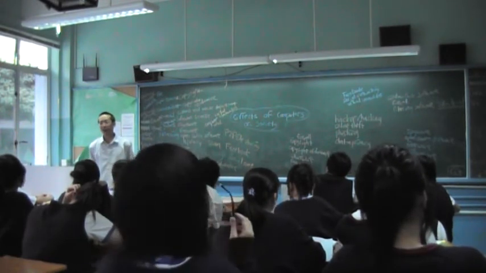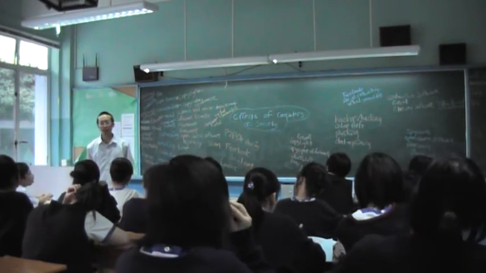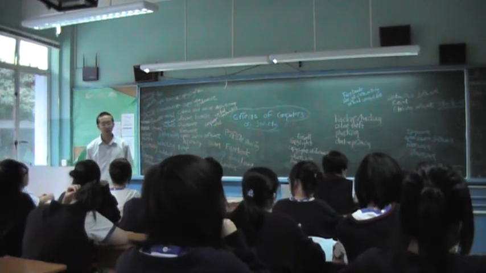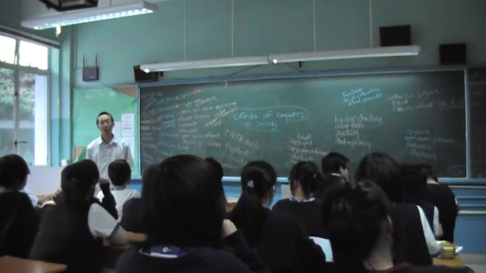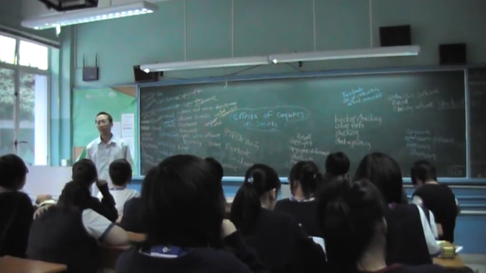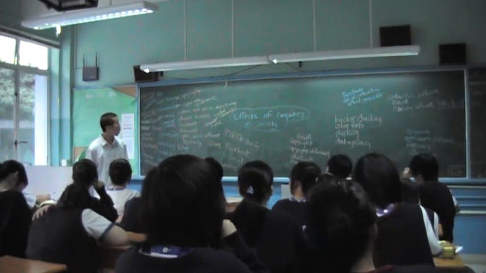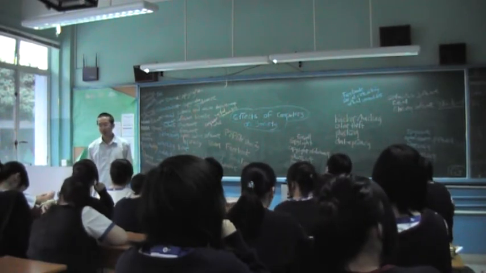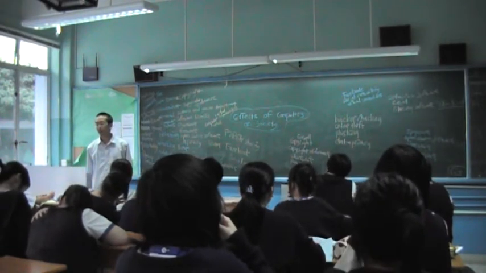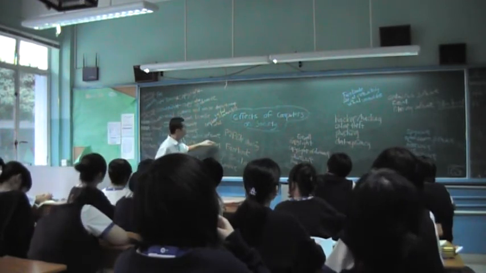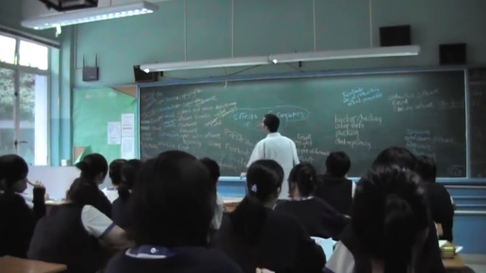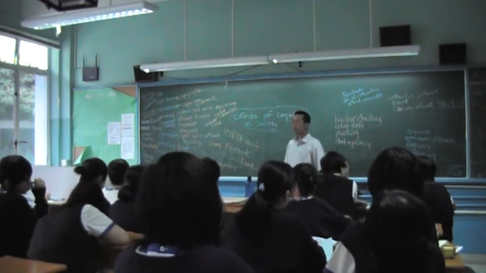I remember WinMX used to be a very popular example of peer-to-peer file sharing. BitTorrent, to a lesser extent, is also a peer-to-peer file sharing network. Where does spam belong? Where does peer-to-peer file sharing belong? Let's get this done.